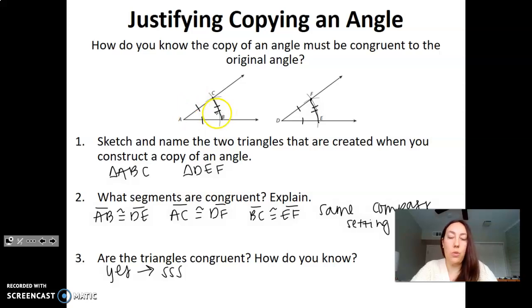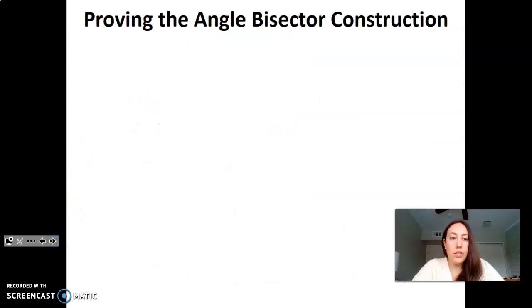All three corresponding pairs of sides are congruent between our two triangles. So that means that angle A has to be congruent to angle D by CPCTC. Corresponding parts of congruent triangles are congruent. If these two triangles are congruent, then the two angles have to be congruent as well, and that is why that construction works. So let's do another one.